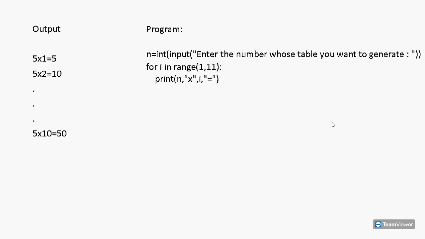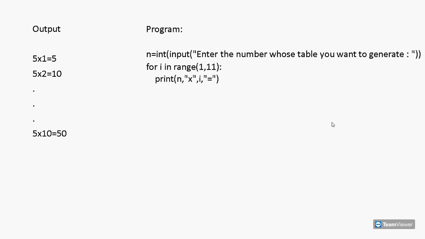After that, we have the actual value generated by the multiplication of the multiplicand and the multiplier. The multiplicand is n and the multiplier is already generated by the range function, which will be provided to the loop variable I in this case.